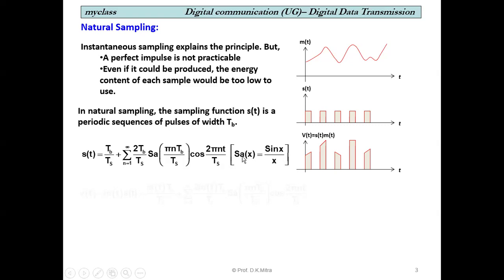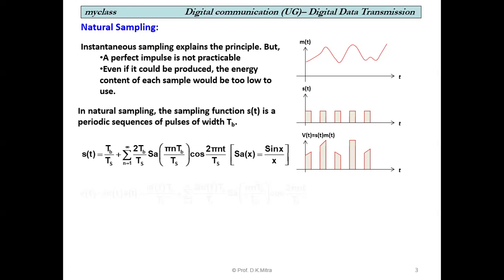Sampling function, Sa x, is equal to sine x by x. It is once again a variable. So this depends upon the n. That means for n equal to 1, it has got a particular value, and that multiplied by 2TB by TS gives the amplitude of this cosine function. And if you see in your mathematics books, you will find the value of the sampling function decreases as n increases.